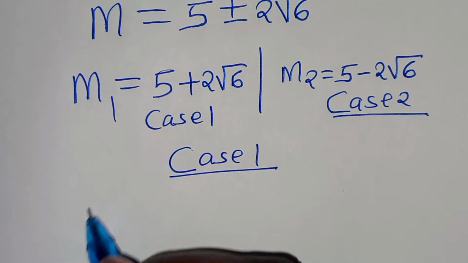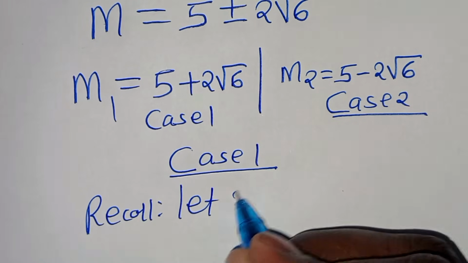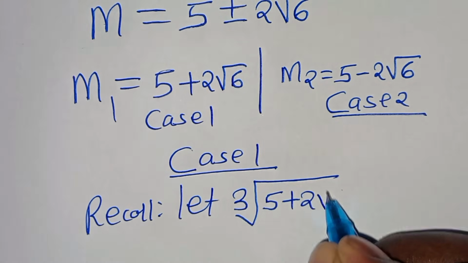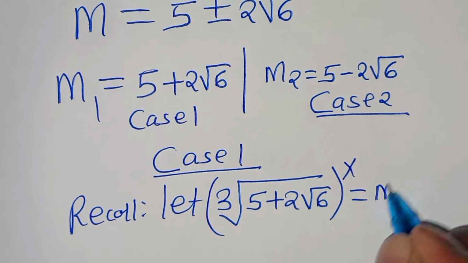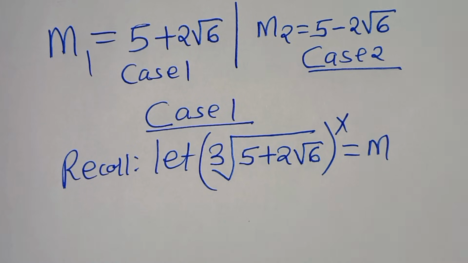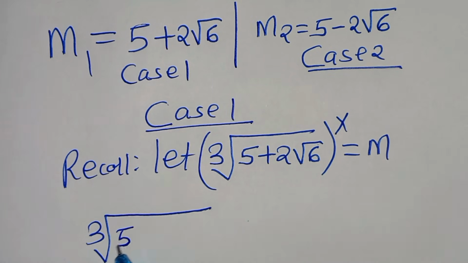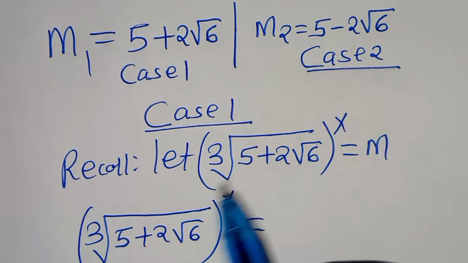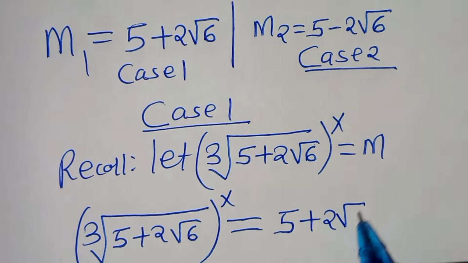Now, if you recall, we have seen that we let the cube root of 5 plus 2 root 6 raised to the power of x be equal to m. So this means that the cube root of 5 plus 2 root 6 raised to the power of x is equal to m1, which is 5 plus 2 root 6.